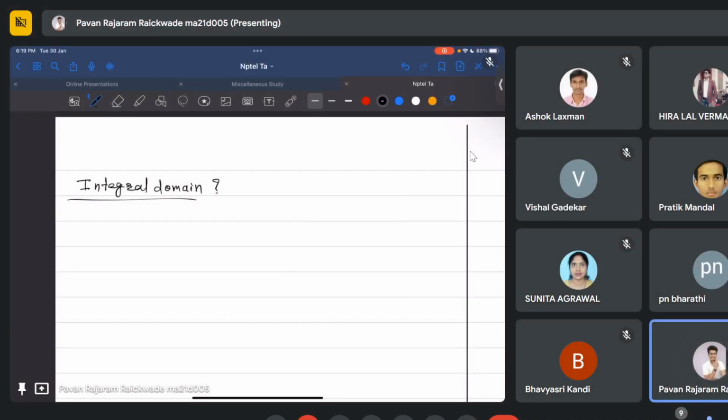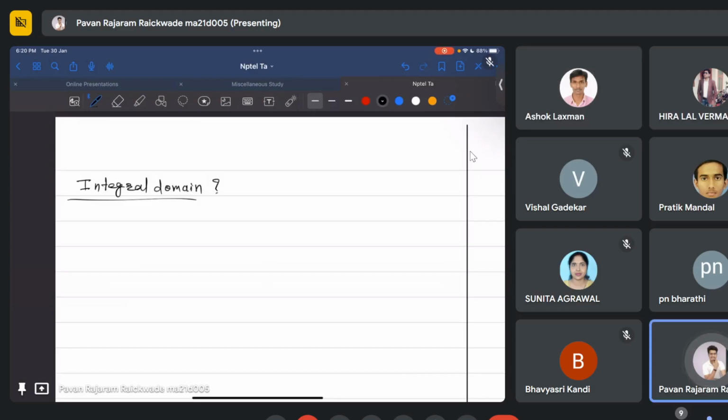For an integral domain, first we have a ring, a commutative ring with unity, let's say. So when is it called an integral domain? If it has no zero divisors.